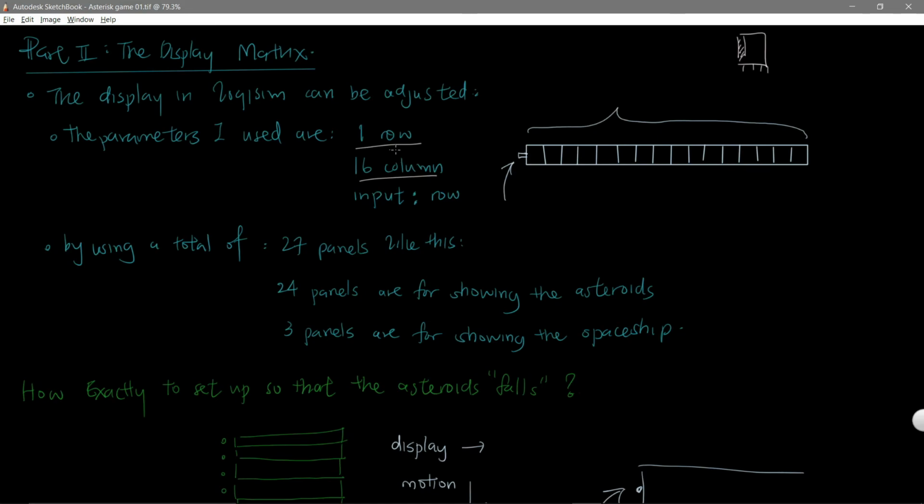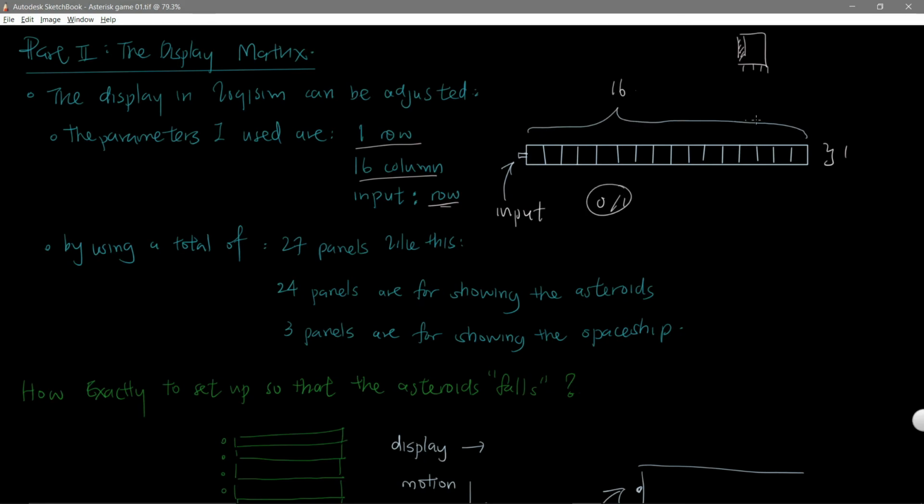Alright, so you set it and you set the input as row mode. You don't want it to be in column mode, you want it to be in row mode, so that it looks like this. This is the input, this is the 16 columns and 1 row. So what we are trying to input here isn't just 0 or 1.